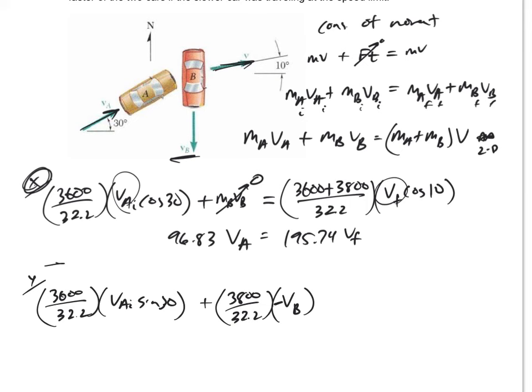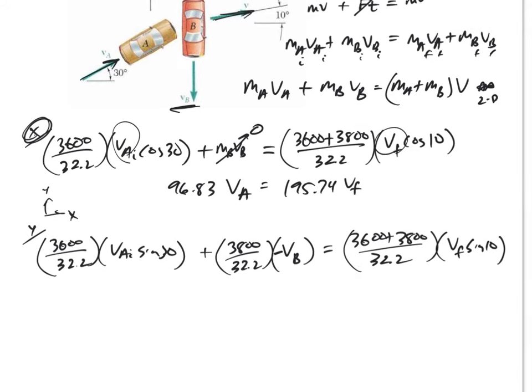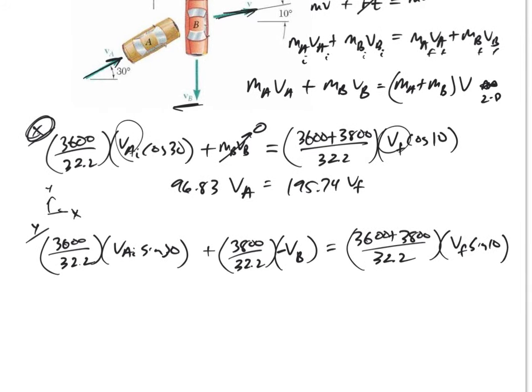All right, I'm going to say y is positive up. So my velocity in the y direction would be negative VB. And this equals those stuck together times the final velocity sine 10 would be the one in the y direction. I've got another equation, but I kind of added another unknown.